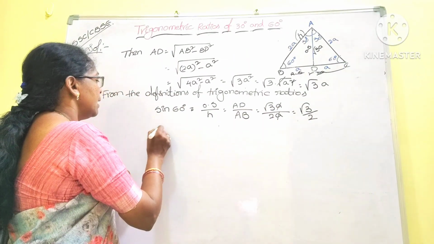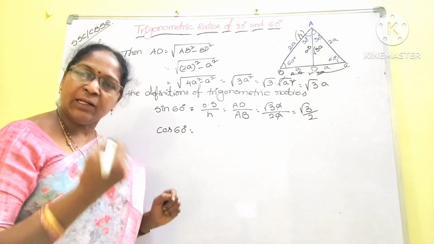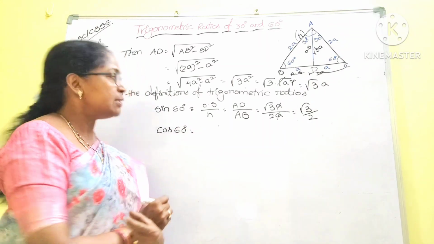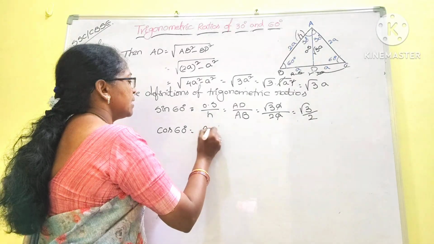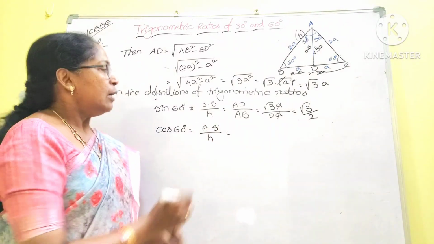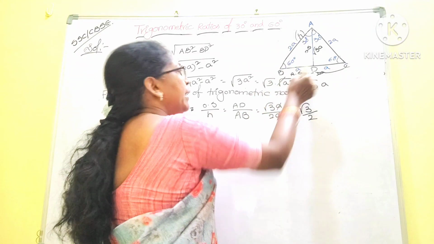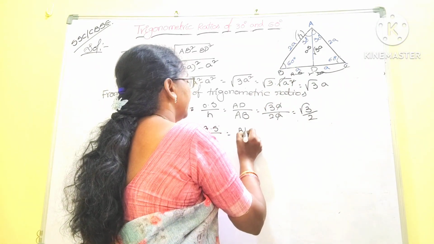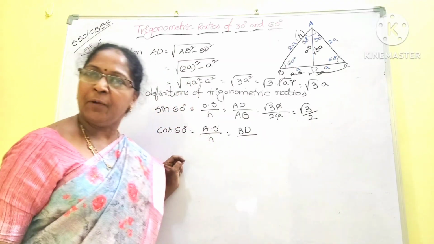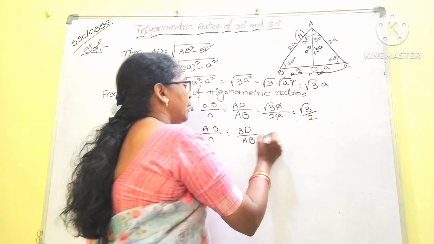As well as cos 60 degrees. Cos theta equal to, what is that formula? Adjacent side by hypotenuse. Adjacent side to this reference angle 60 degrees is BD, by hypotenuse AB.